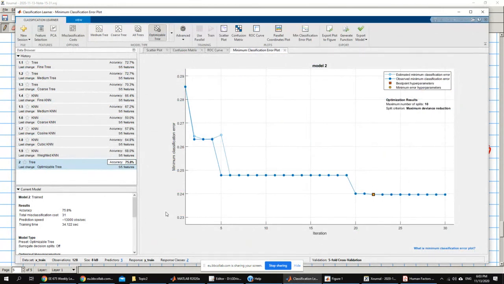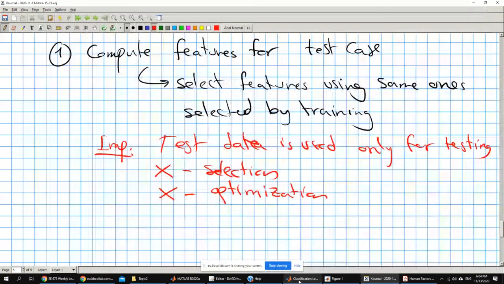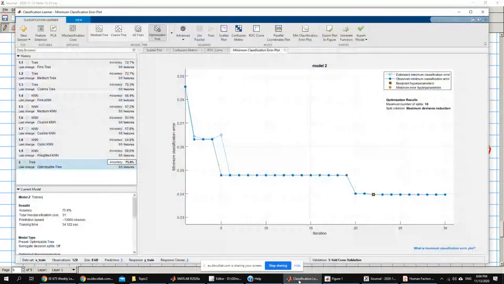Which would you prefer? Continue today or wait until next time? I prefer to wait until next time so we can try it ourselves and ask you some questions. Next time? Yeah, next time.